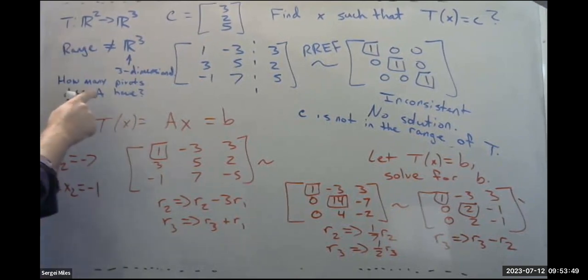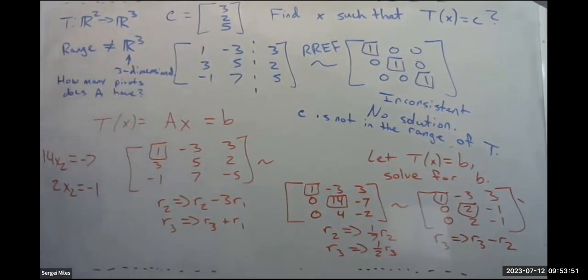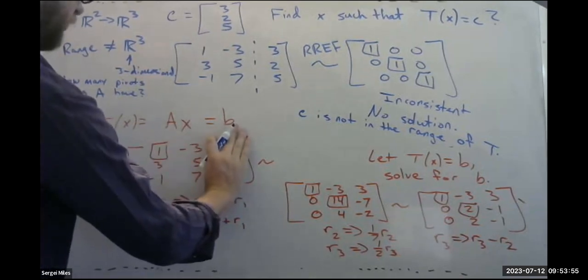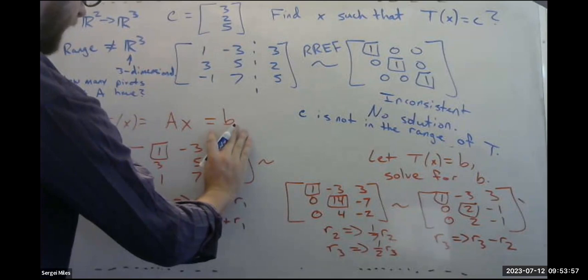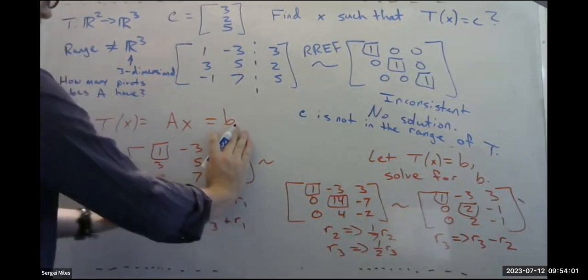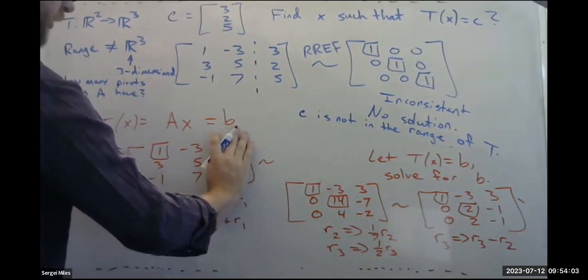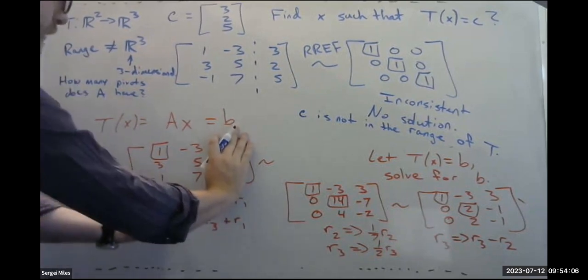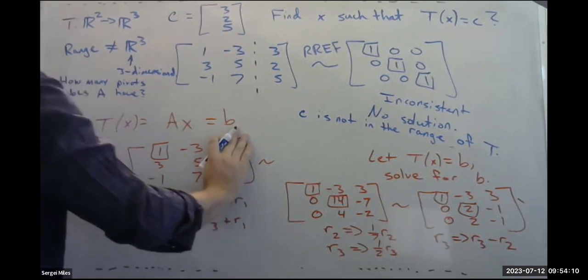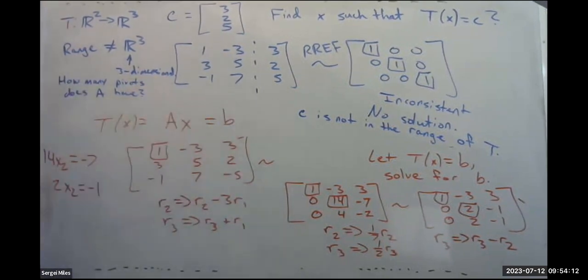In that case, the range will equal R3. But in this example, A was a 3x2. I can only have at most two pivots. And in fact, these vectors are not multiples of each other. So we can tell that for the matrix A, these are linearly independent, but I only have two. I only have two pivots.